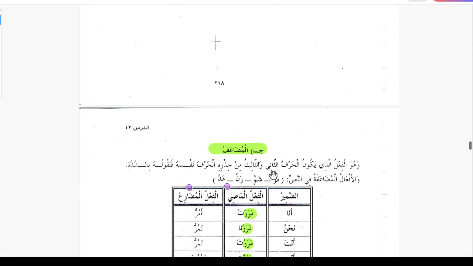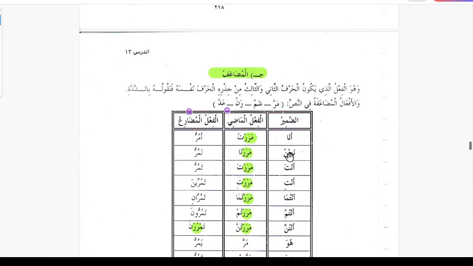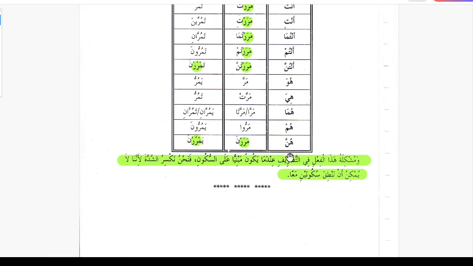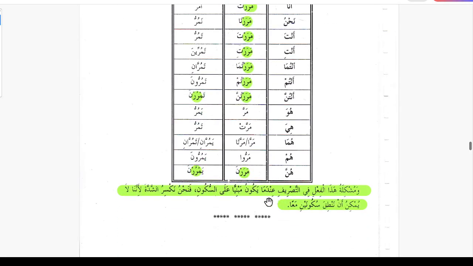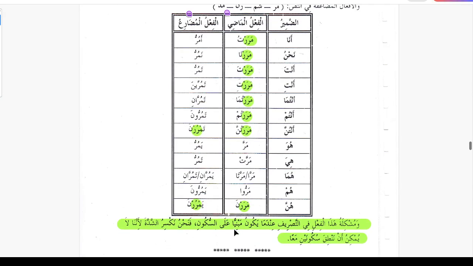And then the mudaf, the third group is the doubling, where the second and third radical is doubling, like marra, shamma, ranna, madda. And for that in the conjugation, when the verb becomes mabni ala sukoon, like here, for ana, nahnu, anta, anti, antuma, antum, antunna, hunna, in all those cases the doubling is broken.